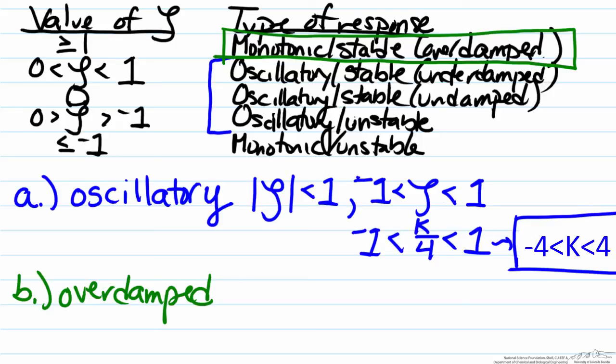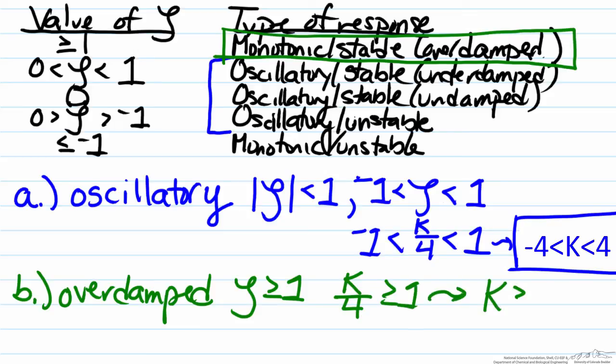So what we're going to be looking for are values of zeta that are greater than or equal to 1. Again, we substitute in that zeta for our process here is k over 4, and we can determine that our process will be overdamped when k is greater than or equal to 4.